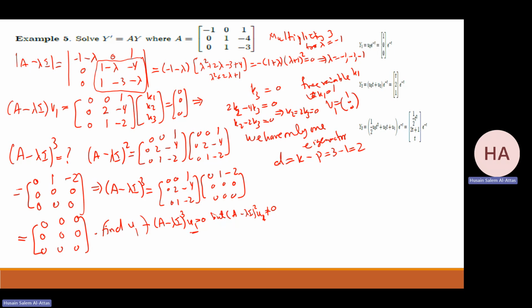You can choose U1 any value from this, since this is all 0s times K1, K2, K3, which is true for any K1, K2, K3.